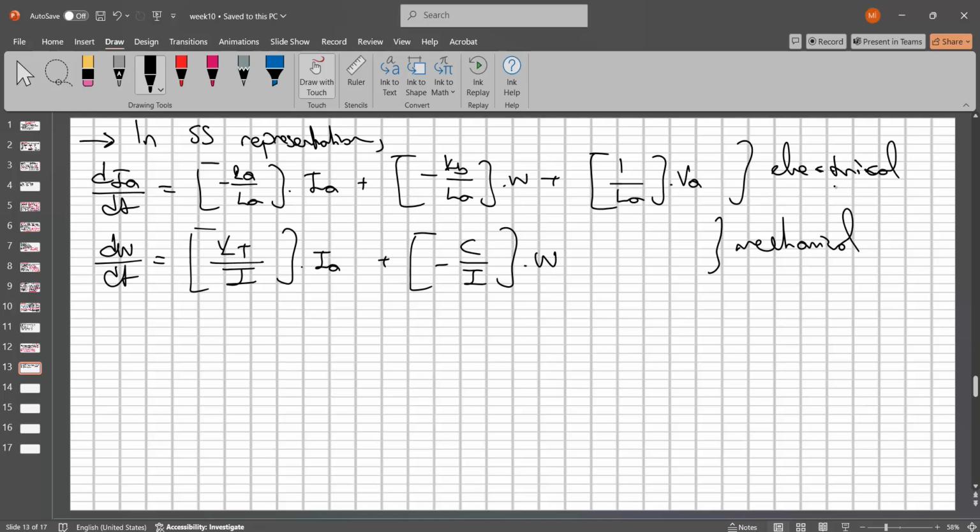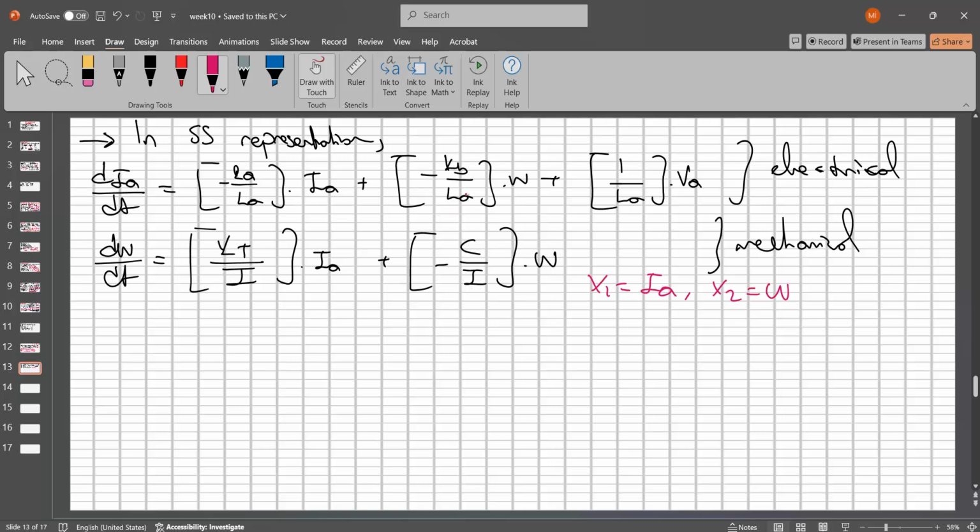See? So, what are the states? Yes. So, x1 is a dummy variable. IA, x2. Just see that? This is the first derivative. And so, this symbol must be equal to the state W. Okay?